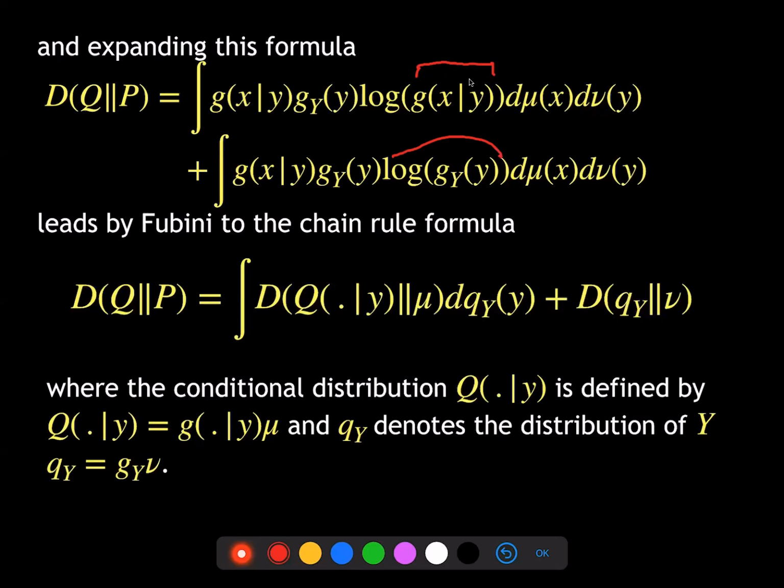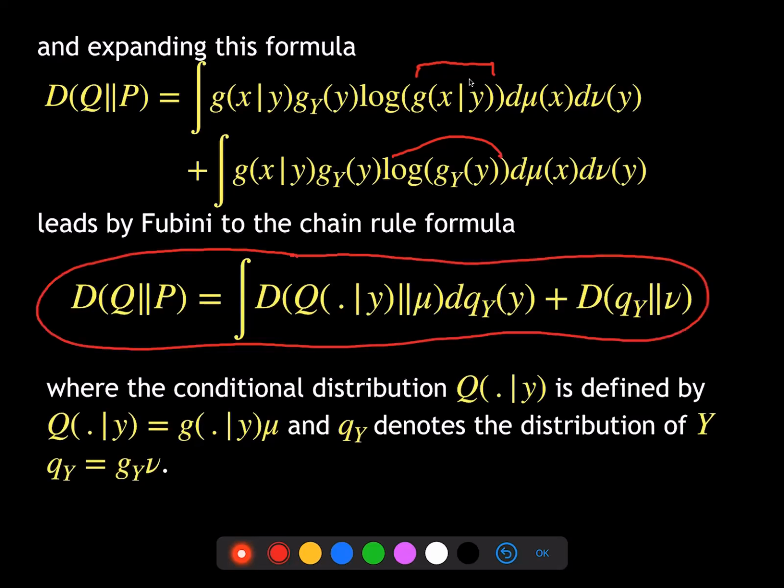Okay, so here you have this nice formula which has an additive structure. And of course, if it happens that the Q distribution is itself a product measure, this second term here would reduce to the relative entropy between the first marginals of the Q and the P distributions. But this formula generalizes this fact.